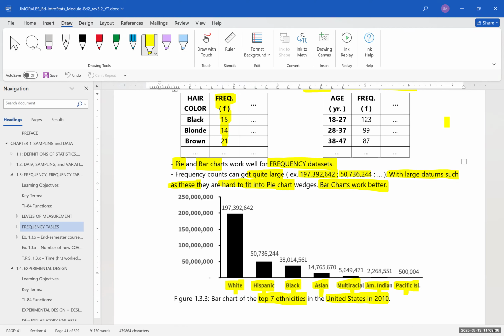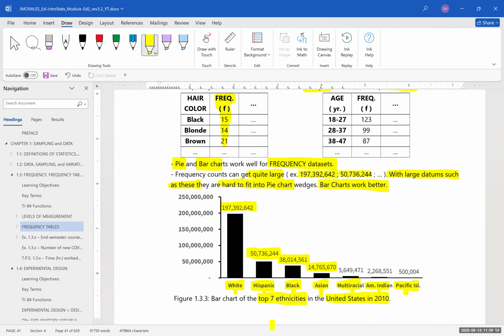So the population of the white ethnicity would be 197,392,642. For Hispanic, it's 50,736,244. For Black, it's 38,014,561.